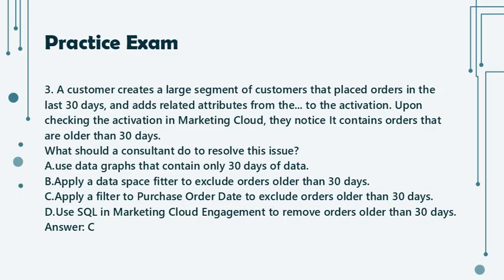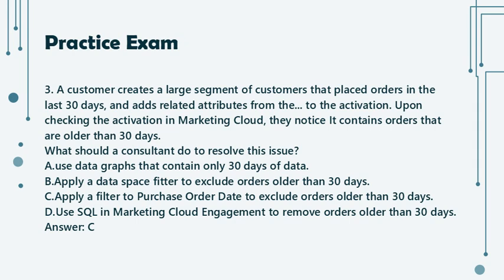3. A customer creates a large segment of customers that placed orders in the last 30 days, and adds related attributes to the activation. Upon checking the activation in Marketing Cloud, they notice it contains orders that are older than 30 days. What should a consultant do to resolve this issue?